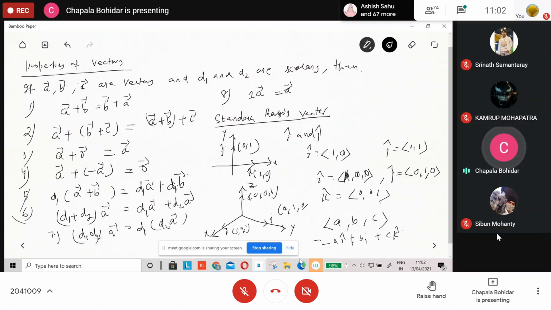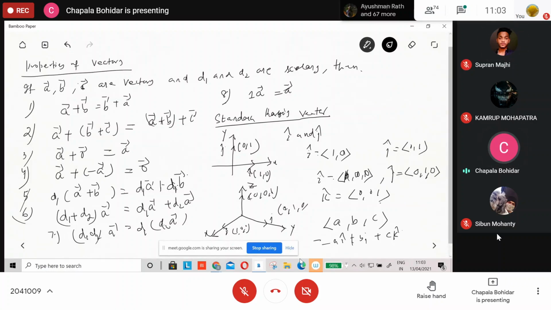So now unit vector. What is your unit vector? Tell me. Magnitude is 1. Unit vector, length is 1. So if A is a vector, what is the unit vector of A? A vector by magnitude.